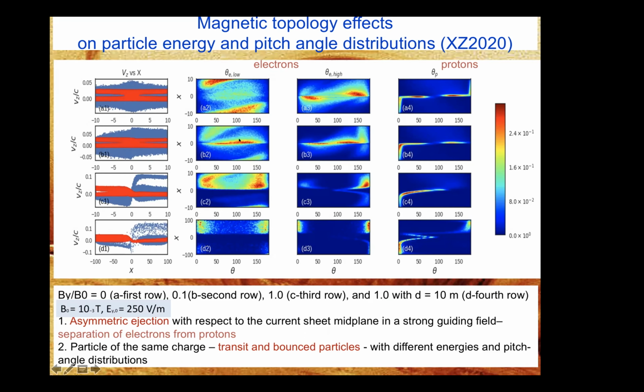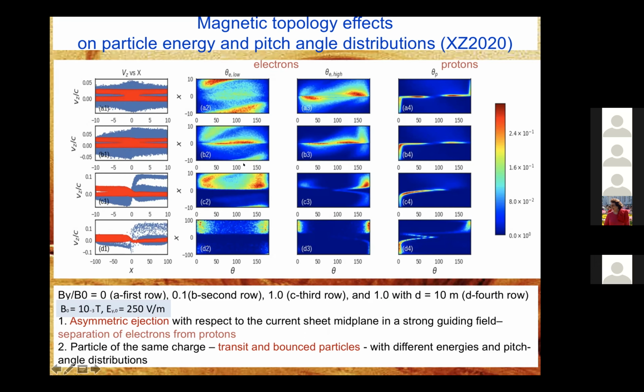But the more the guiding field is increased, the more we have a very strong, very well directed electron beam in this location for the high energy transit particles, while the bounce particles, remember, have this big medallion type distribution. They start from 0 and then come to 180, and return back.